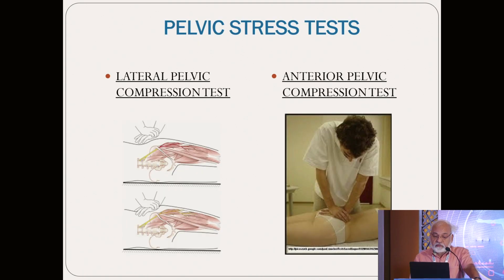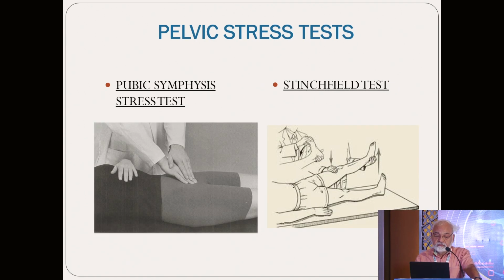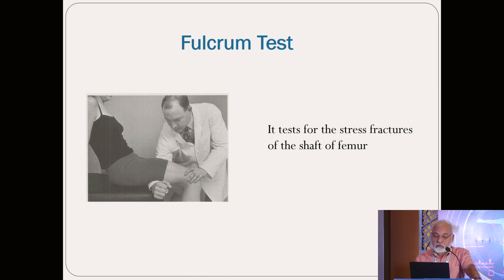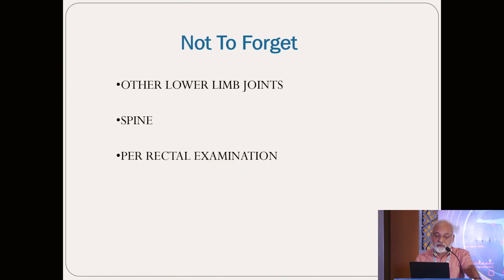Then lateral pelvic compression test and anterior pelvic compression test to know about the pathology at the SI joint. Then other stress tests like pubic symphysis test, Gaenslen test. And this fulcrum test is to know about the stress fracture of the femur.